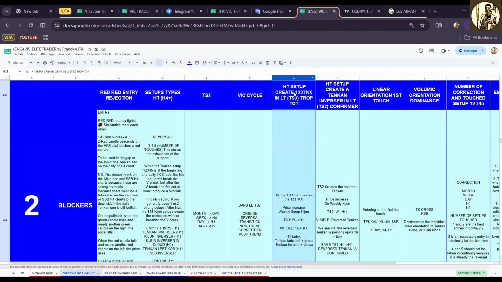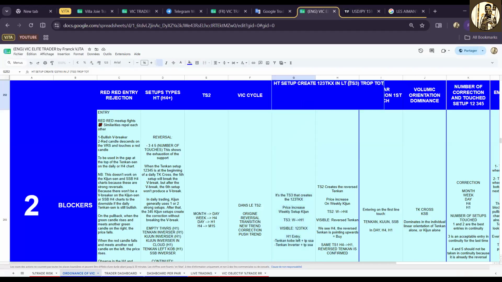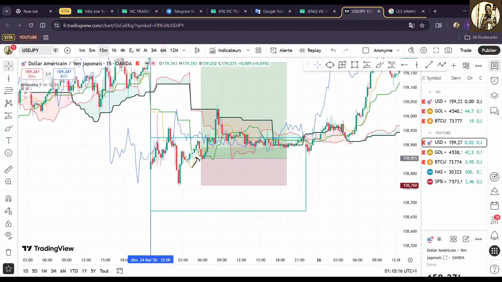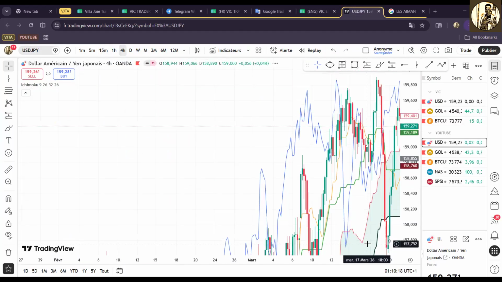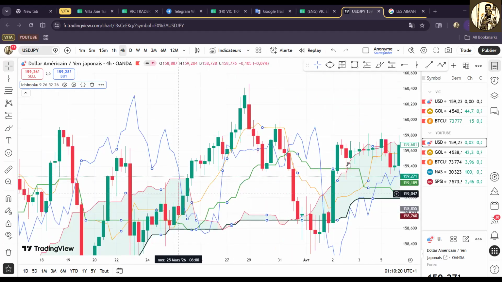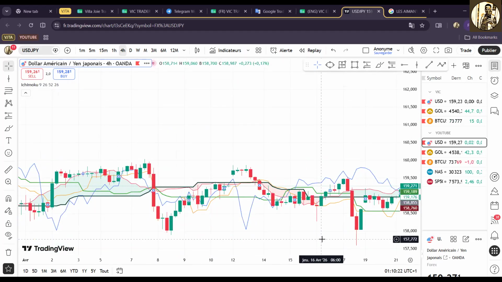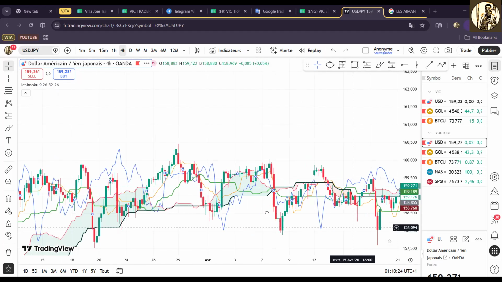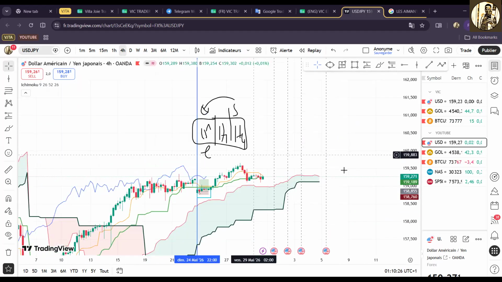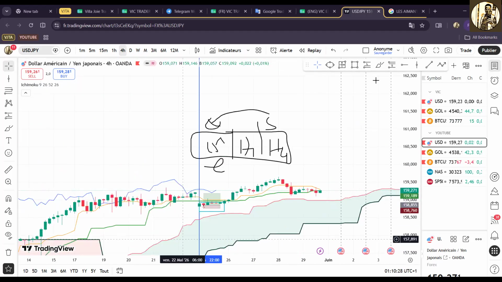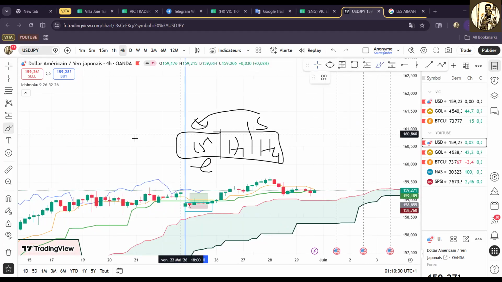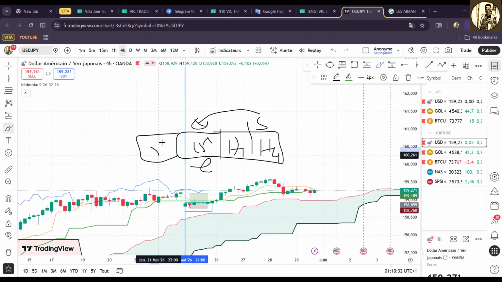There is another type of blocker here that is called TS3. TS3 is what? It is when you are in 4 hour, rather than skipping 2 time frames, you skip instead 3 time frames and you enter earlier on TS3.